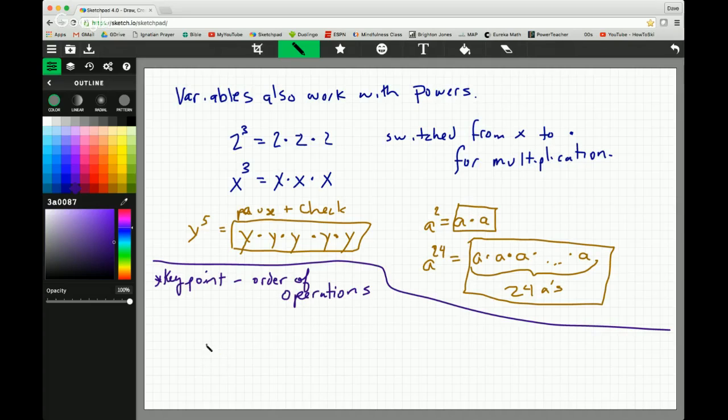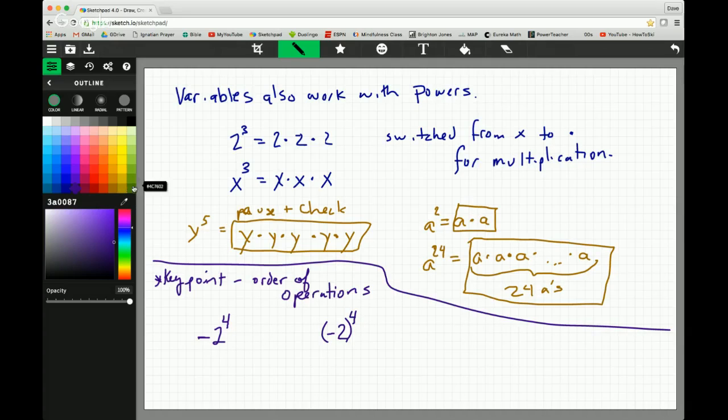So let's look at this. So if I say -2, and you'll see problems like this, so be careful, -2 to the fourth, and I'm going to show you another one, -2 in parentheses to the fourth.